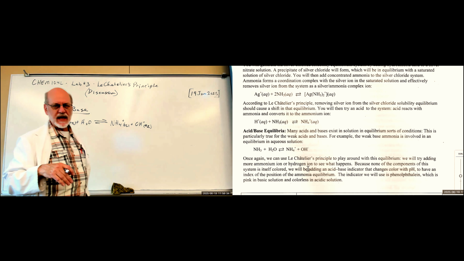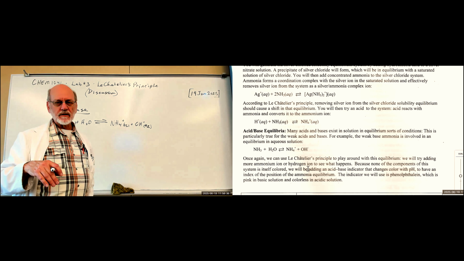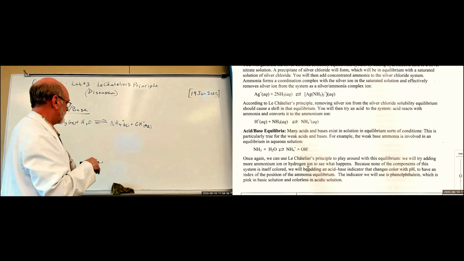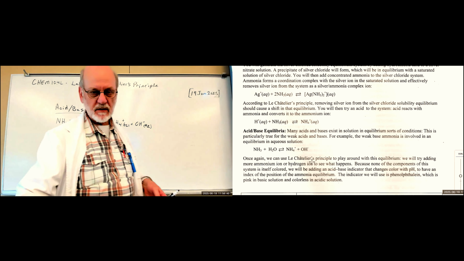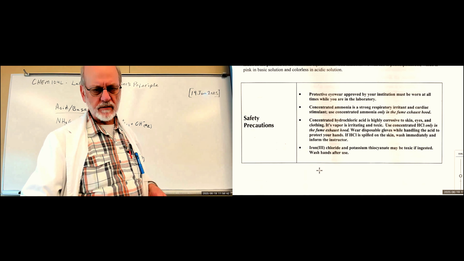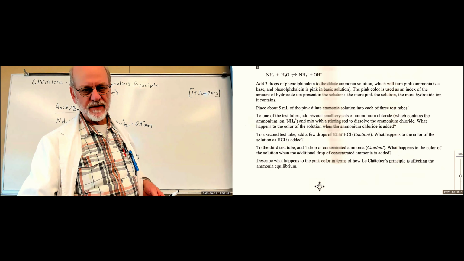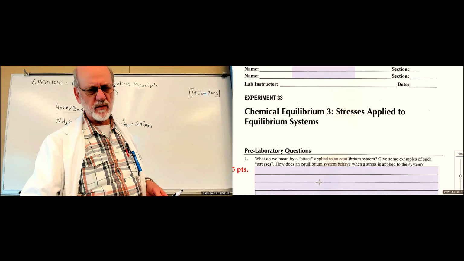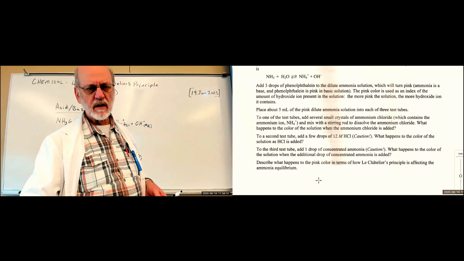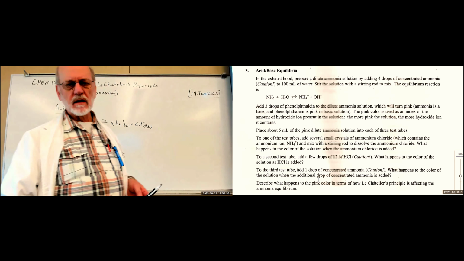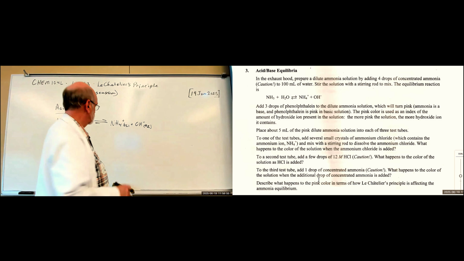But what if we couple a reaction so that, let's see, I'm going to scoot down here to the method and see what it is. I can't remember what we added to it. Okay. You can add acid.